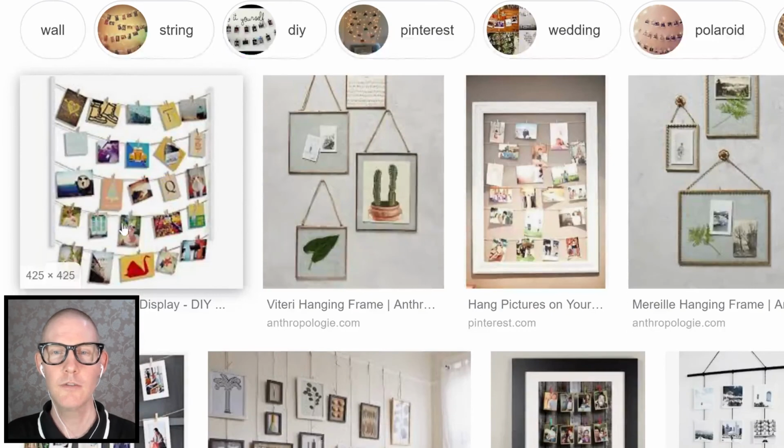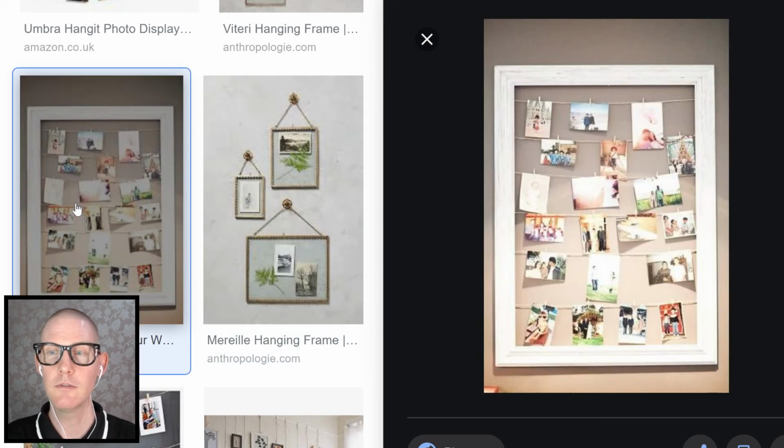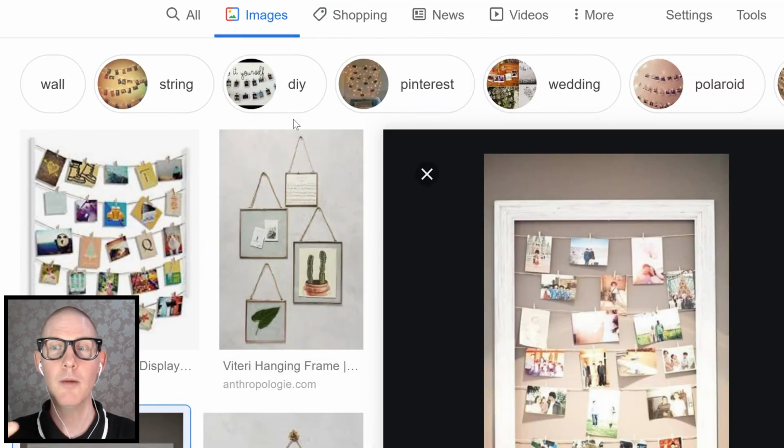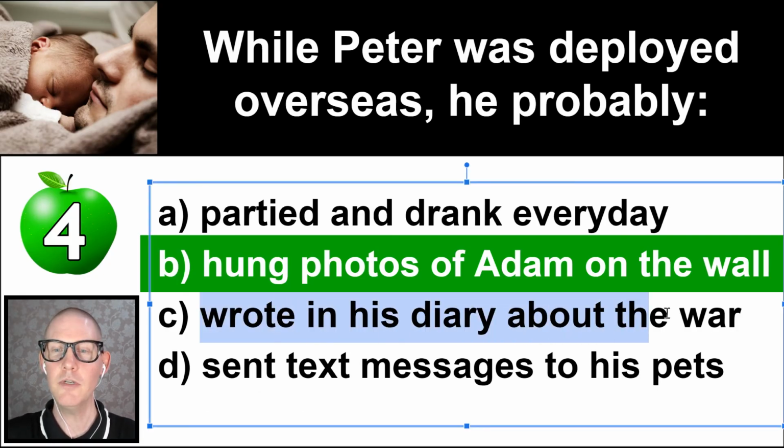All right, so we have photos hanging on the wall, something like that. I imagine he missed his kid, right? And since we're in the 21st century, it's easy to receive pictures, but you can't be there with the child. So he probably printed some pictures out and put them on the wall or kept them on his phone, stuff like that. Okay, wrote in his diary about the war.